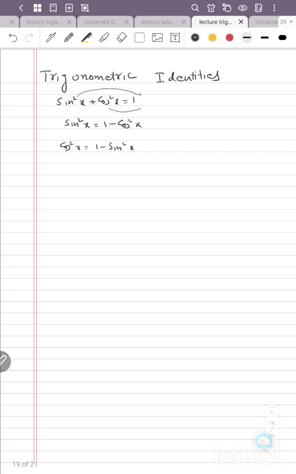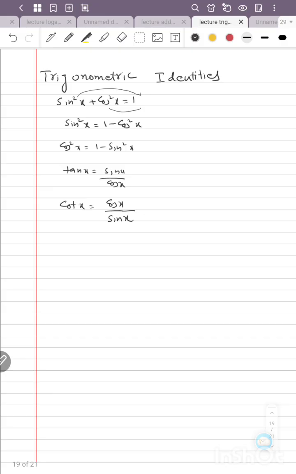Next we know that tan x equals sine x over cos x, and cot x is the reciprocal of tan, so we write cos x over sine x. Okay, dear friend, you have to understand.